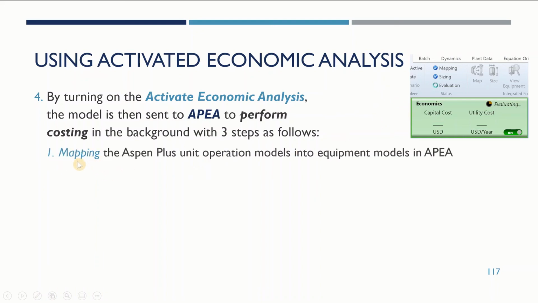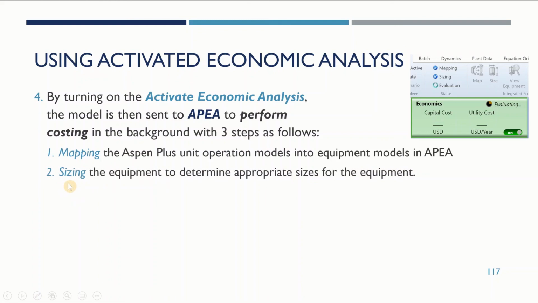The first step is to map the ASPEN Plus unit operation models into equipment models in APEA. In this step, APEA loads data from ASPEN Plus and generates a default mapping for each unit operation model to models of equipment whose cost can be estimated.